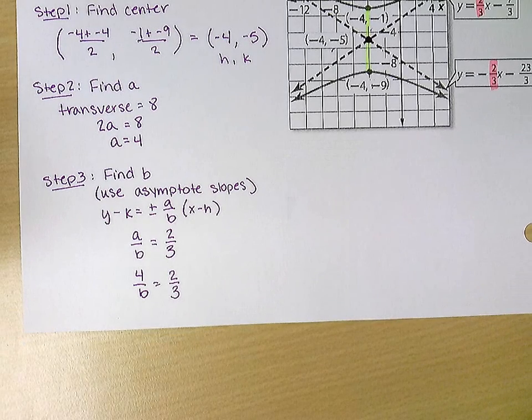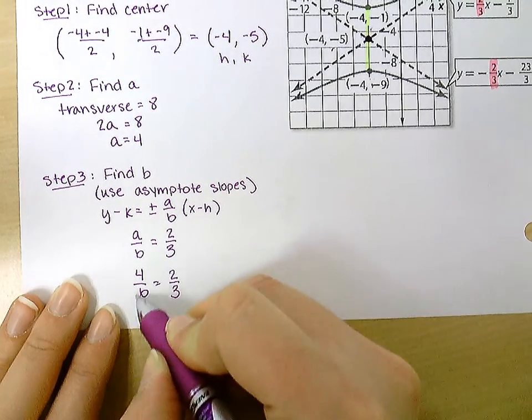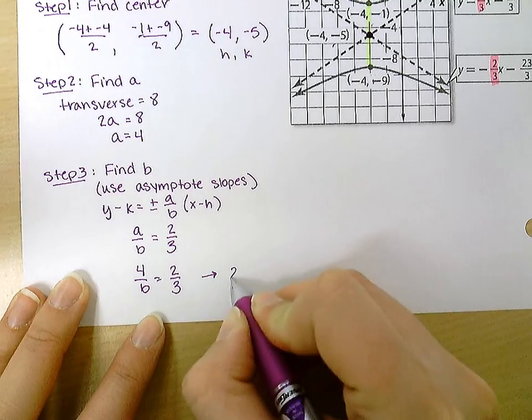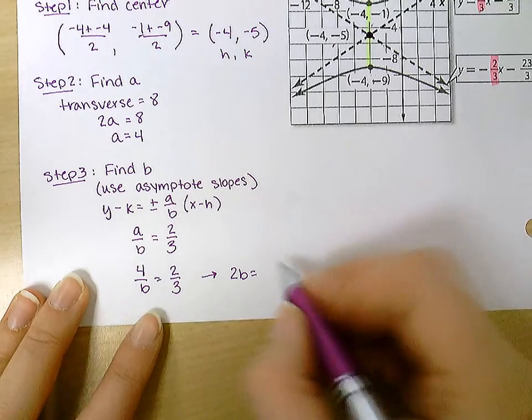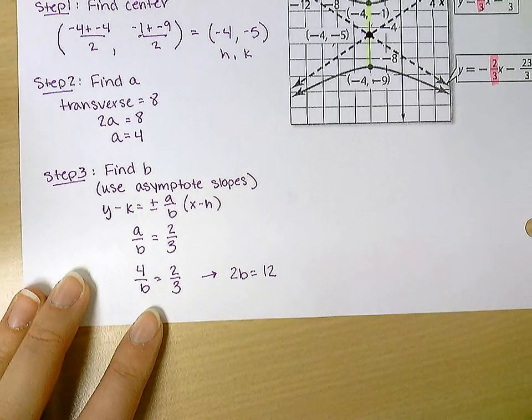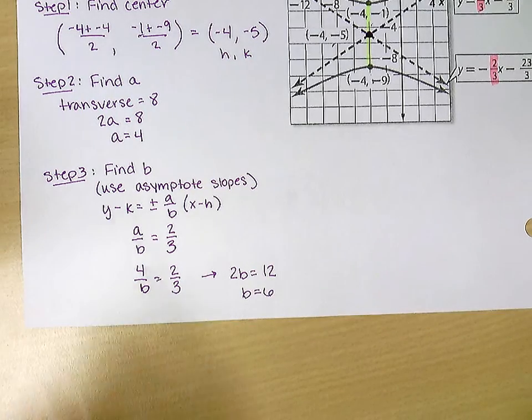Then from here you just have to cross multiply to find what b is. If I cross multiply here, I have 2 times b. Cross multiply here, I have 4 times 3. It's 12. Divide by 2 to get b is 6.